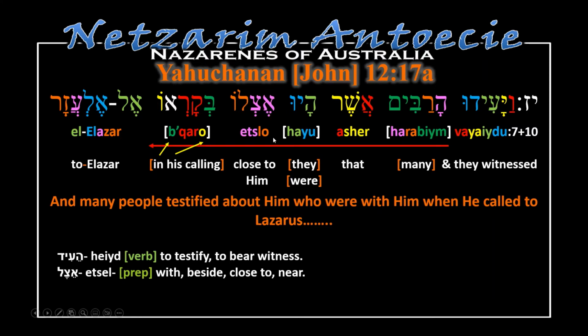etzlo. So what does that mean? Etzel is a preposition meaning with, besides, close to, near. So let's put here close to, and then the vav is him. Bekaro. So be meaning in, the o is his, and we have kara, which means to call, right?